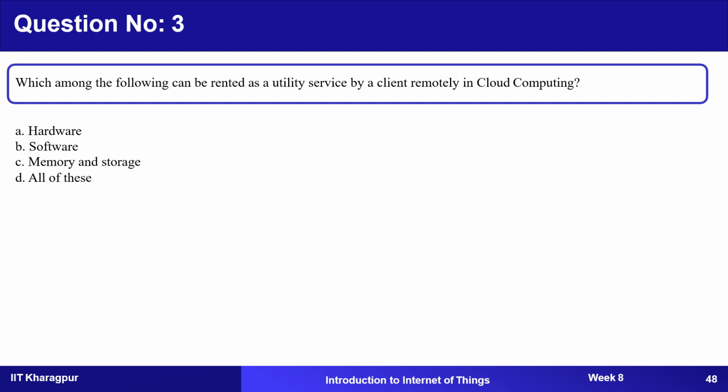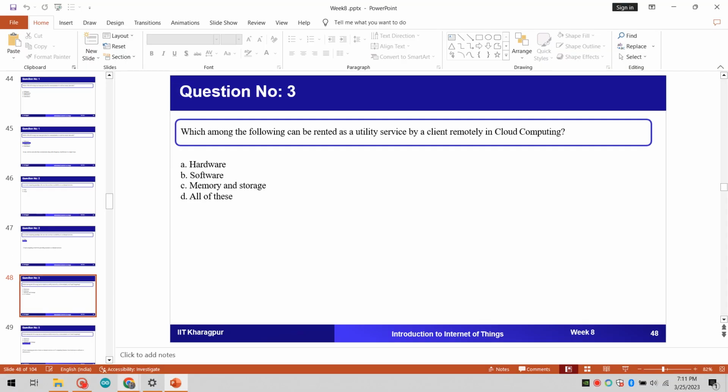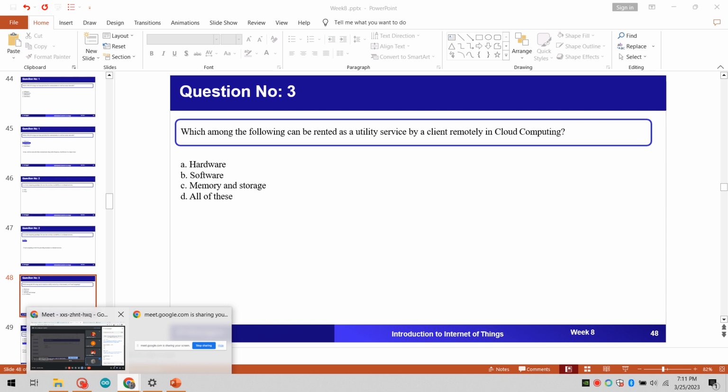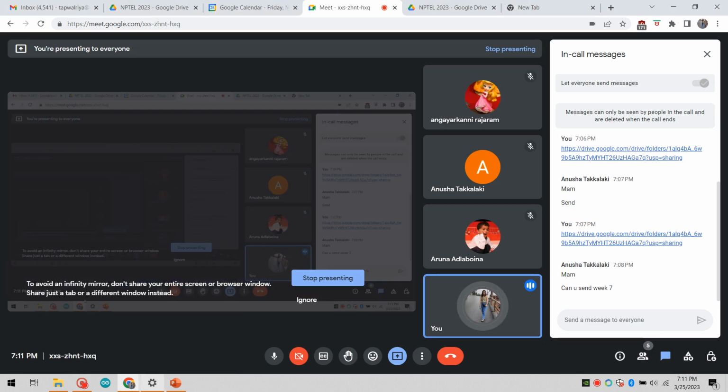Which among the following can be rented as a utility service by a client remotely in cloud computing? Options are hardware, software, memory and storage, all of these. Anyone?